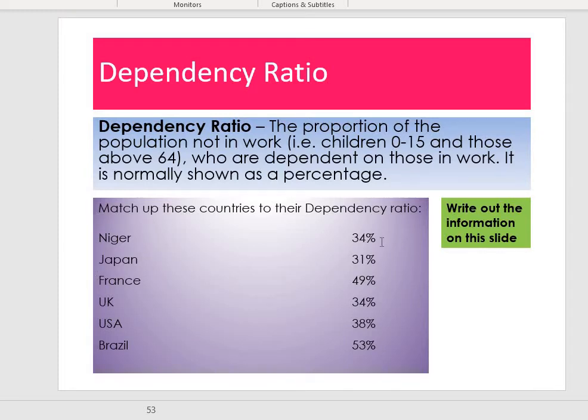The dependency ratio is shown as a percentage. I want you to think and write down what dependency ratio you think these different countries have got. These aren't in the right order. Have a go at that, pause the video, and we'll show you the answers in just a moment.